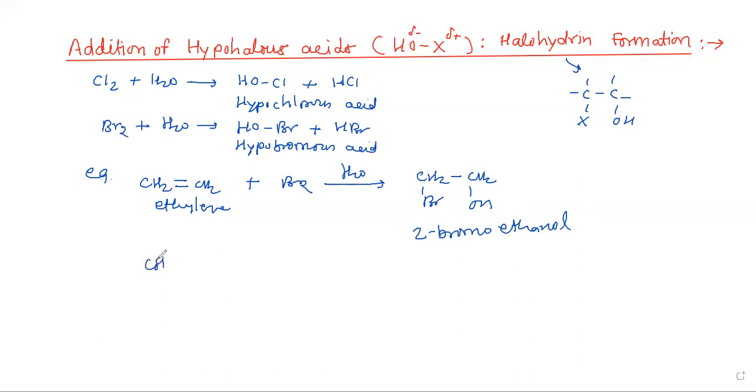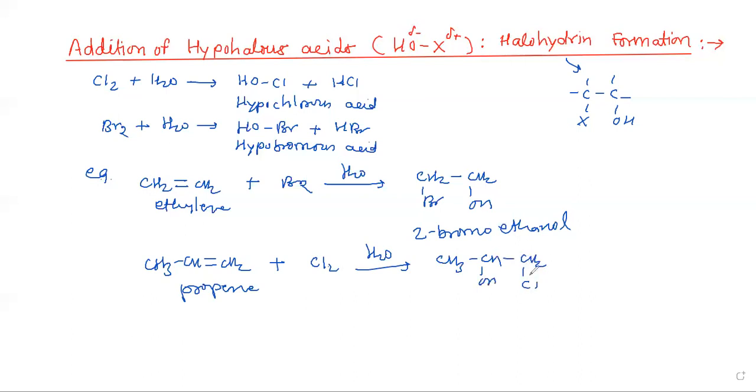Or here is another example, propylene or propene in presence of chlorine and water. Here you will get CH3CHOH and CH2Cl, that is 1-chloro-2-propanol.